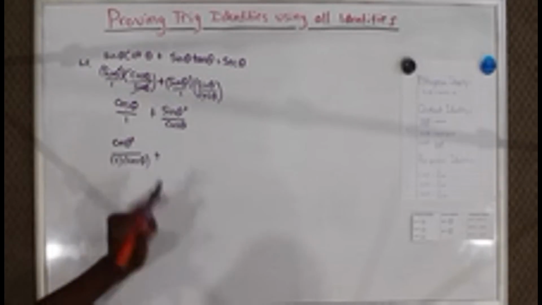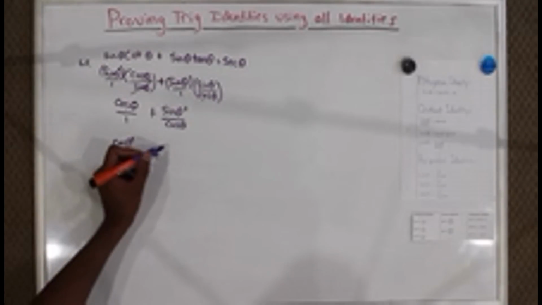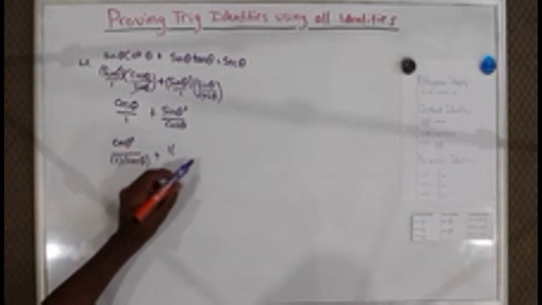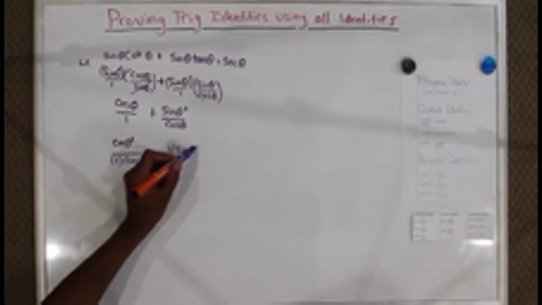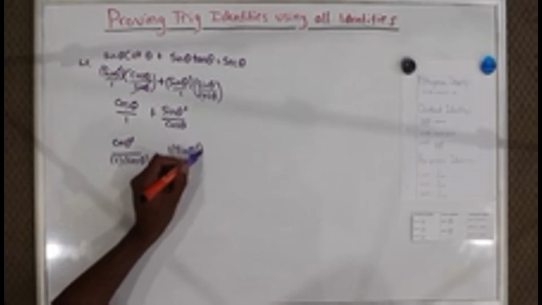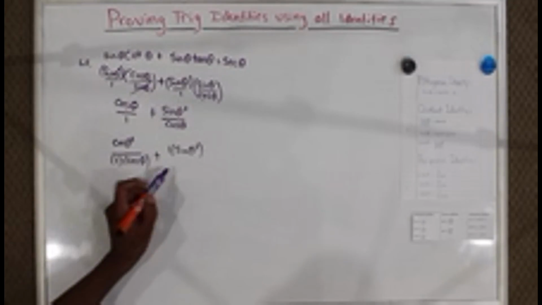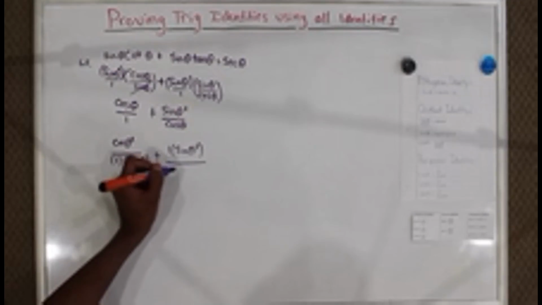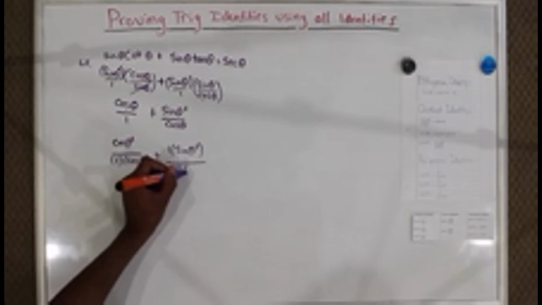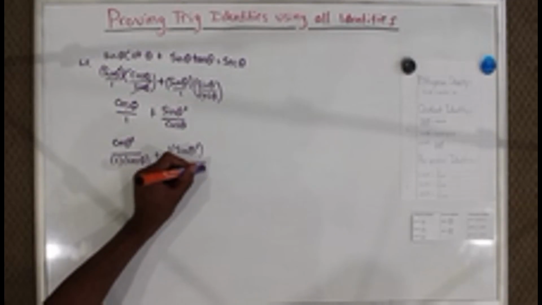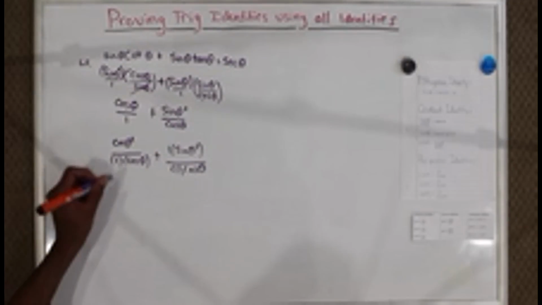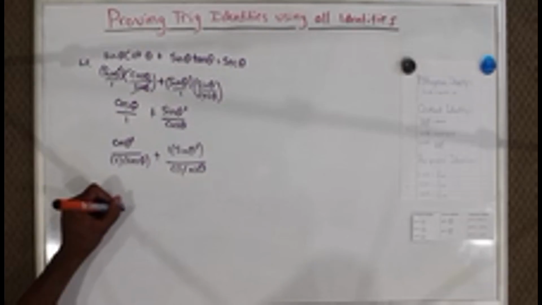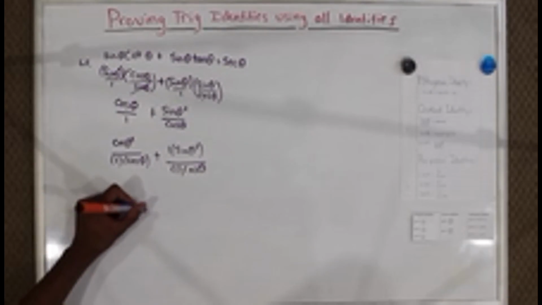And on the same side, we do the same on the other side, which would be 1 times cos theta. Alright, so you can see that we have the same denominator, and 1 times cos theta is obviously just going to stay as cos theta.